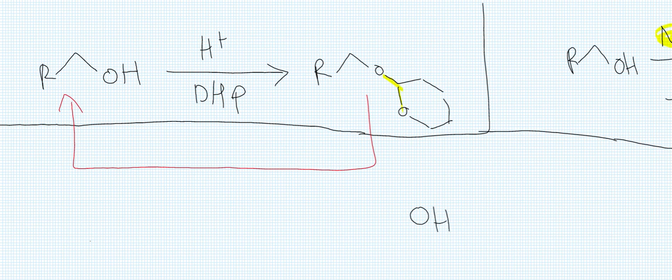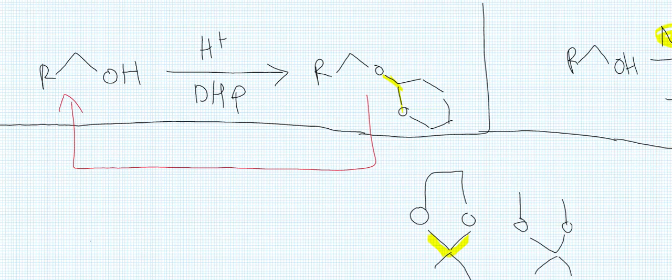Sorry, let me just draw something else. For example, when we protect a ketone using this form of acetal, this is the same as this one. This is a cyclic acetal, and this is not cyclic. Well, this is also cyclic, but this one or this one, we did both. We wrote the mechanism of both. So this is not cyclic.